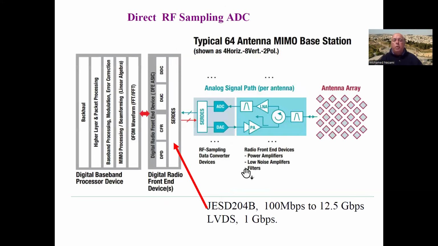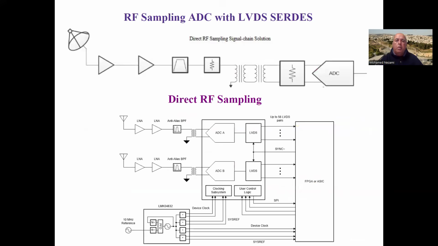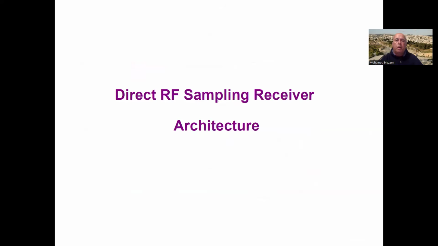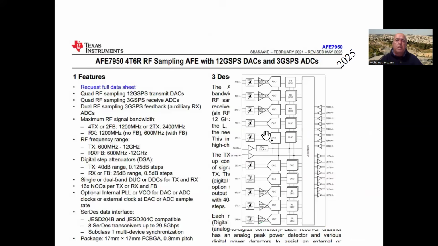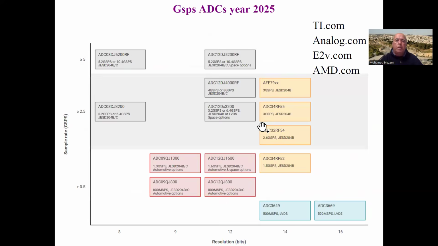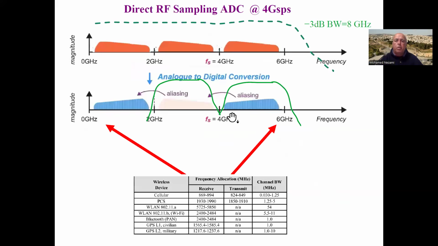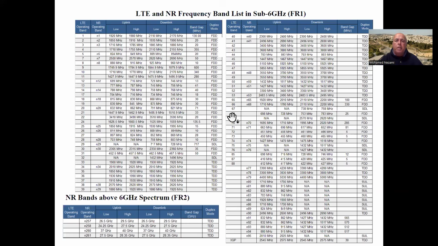All right, having said this, now let's go further and look at some of these. You can see that all of these devices are available to you from these various sources, and you can come back and figure out how to design these systems.